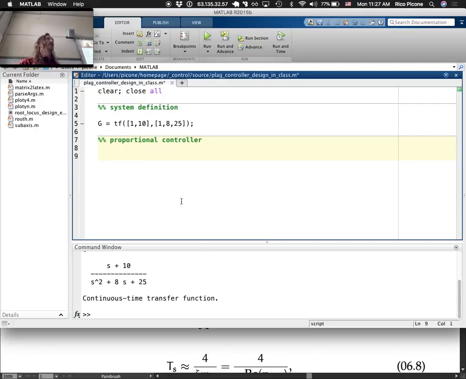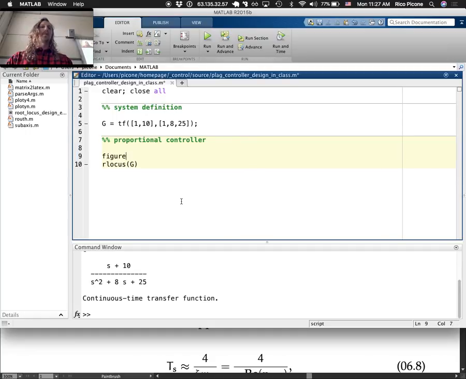So we do that using our locus. We find a gain that gives us the transient response characteristics that we want. So we can just go ahead and do our locus of G. It's nice to open up a new figure to do that.